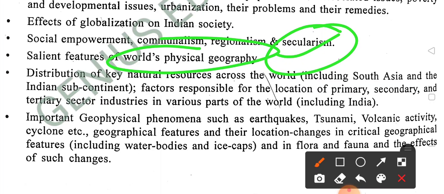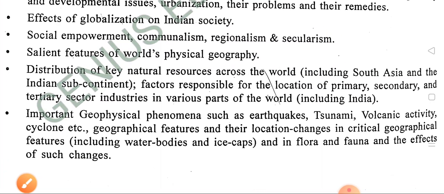Okay, so next is distribution of key natural resources across the world, including South Asia and the Indian subcontinent, and the factors responsible for the location of the primary, secondary and tertiary sector industries in various parts of the world including India. So what is the cause of the location of an industry at a particular place?